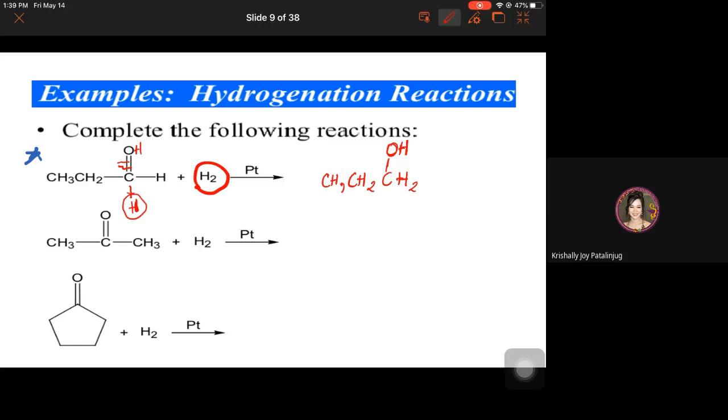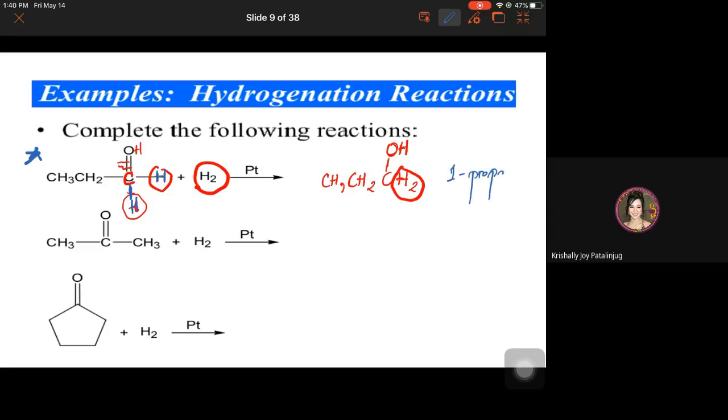Then two H are attached to the same carbon, so that's CH2. I just simplified it, but if you want to show that you added hydrogen, that is still correct. So again, the final product is 1-propanol.